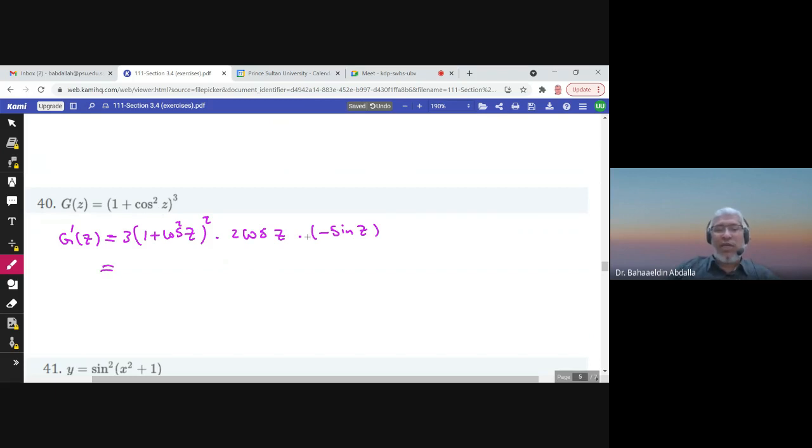Then I can write it negative 2 times 3, negative 6. And I have 1 plus cosine square z to the power 2. And then I have cosine z times sine z.